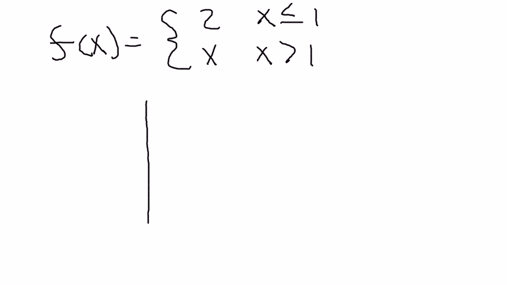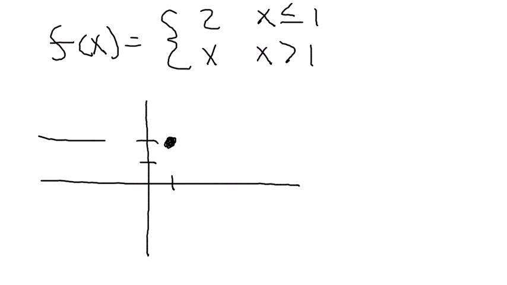Sketch a little axes. It's 2 if x is less than or equal to 1. So here's x is 1. Let's go up to 2. That's just the equation of a horizontal line. I have a closed circle there because it's equal to. And I just have a horizontal line at 2.